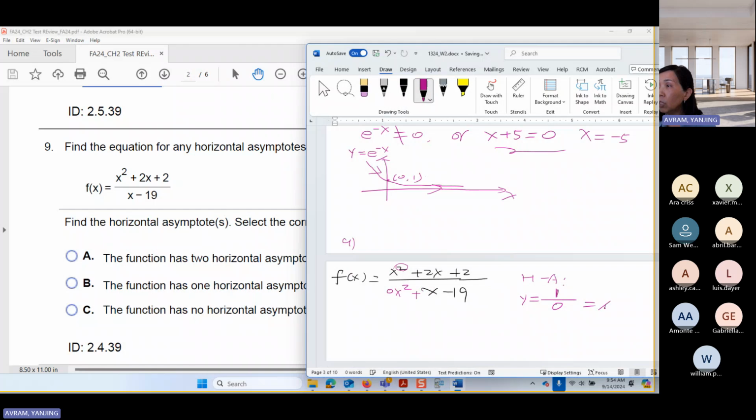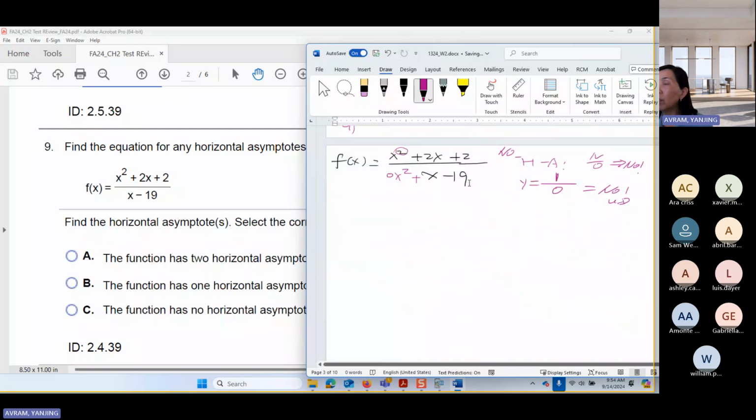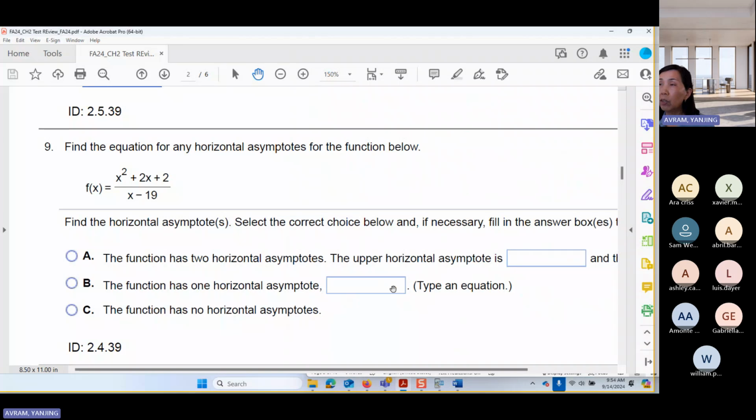And remember, a number divided by 0 is undefined. So what does undefined mean? That means there's no horizontal asymptote. So you can use the same degree for 3 different types of situations, or you can just remember all 3 little details of the horizontal asymptote. All right, questions?